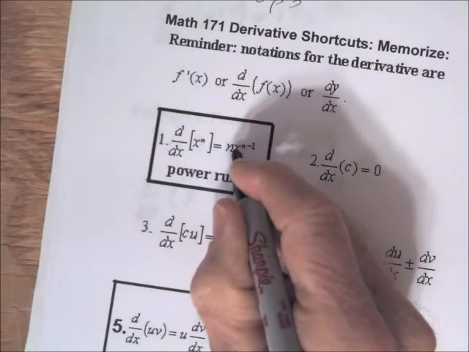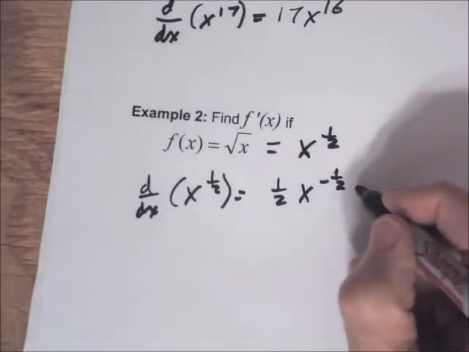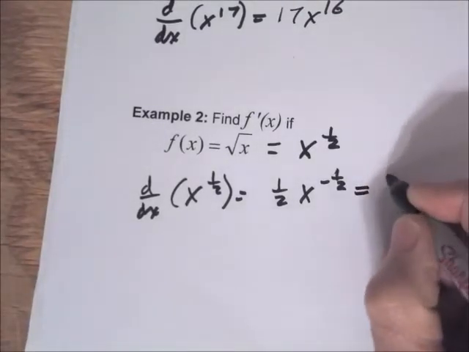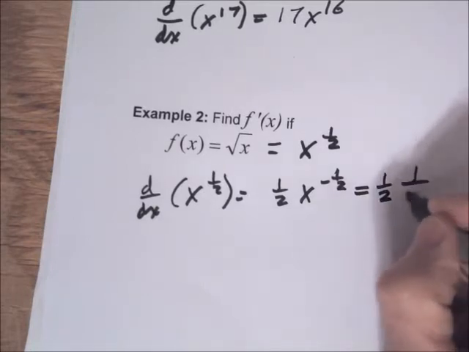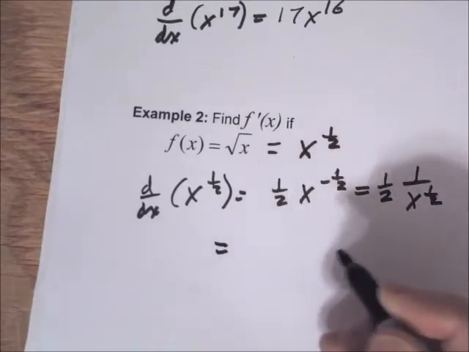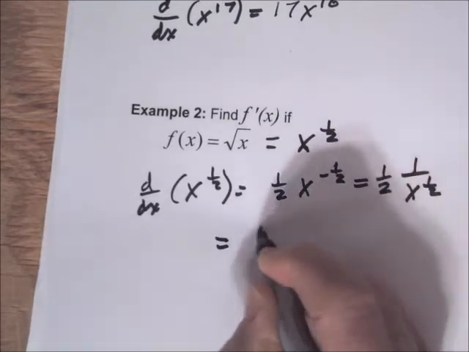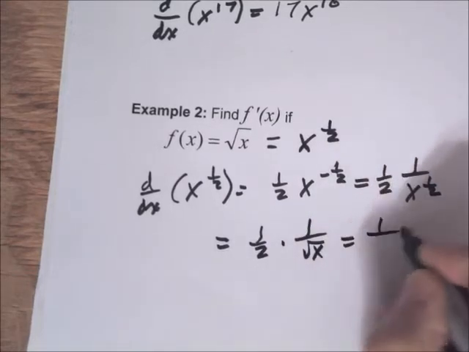It's the old exponent, which is a half, and then half minus 1 would be the negative 1/2. So we could leave it like that, or, since a negative exponent is used to represent a fraction, this is 1 over x to the half power, and fractional exponents are used to represent roots, so it's 1/2 times 1 over square root of x, or we could write it as 1 over 2 square root of x.